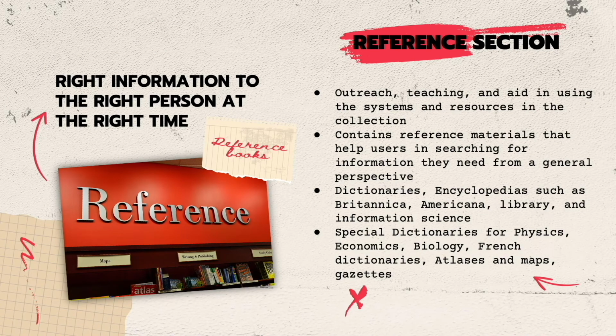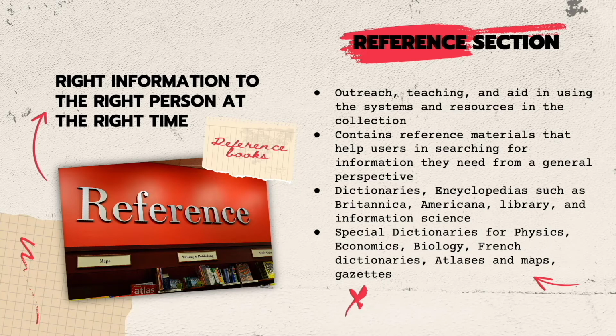Next is the reference section. It is the outreach, teaching, and aid in using the systems and resources in the collection. Reference section collects and organizes several reference books. A reference book is not read like a textbook from beginning to end. You refer to a reference book to know the answer to your specific query.